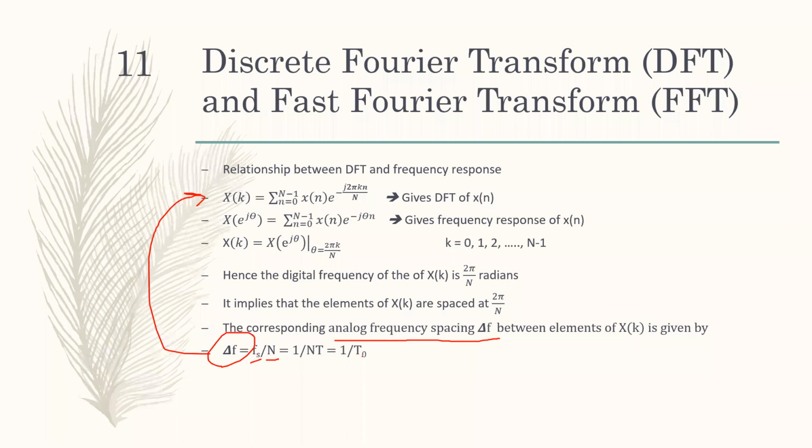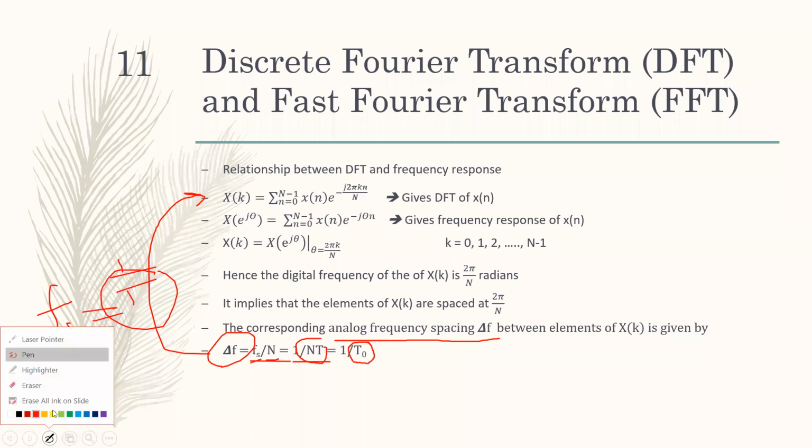Now fs, as we had seen, is nothing but 1 by T, where T is the sampling period. When I substitute it in this equation, it turns out to be 1 by NT. Now this N into T, I can just represent as T naught.